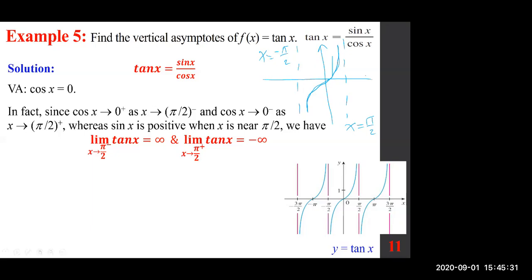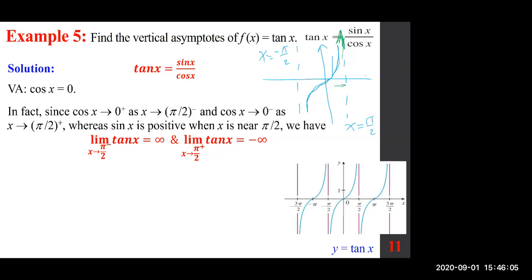In other words, if this is pi over 2, on the left of pi over 2, we are going up here, positive infinity. And from the right of negative pi over 2 happens the same thing, okay? And of course, you can expand that for more cycles. Pay attention to a complete cycle, okay?